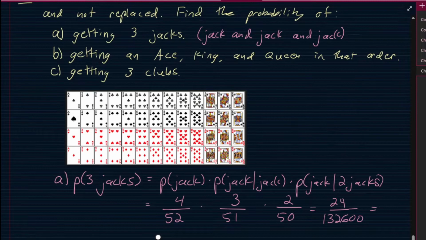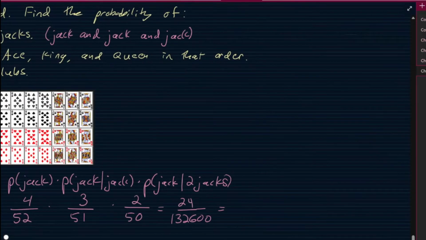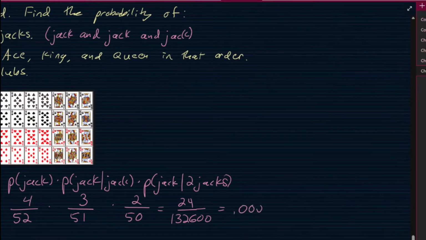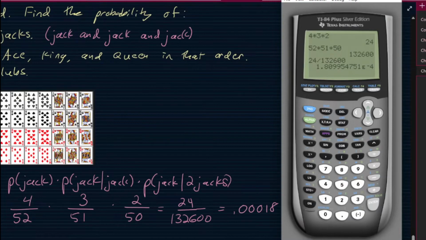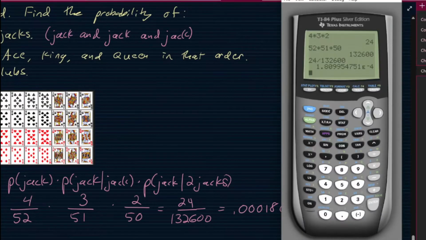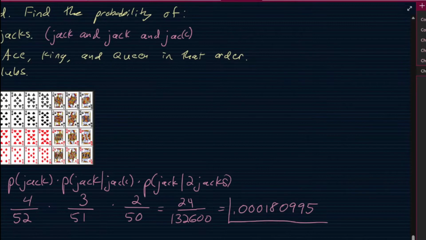So what is it again? 0.000180995. It'll say however many decimals to go, but it's a really small number. So when the number is really that small, you kind of want more decimals of accuracy.